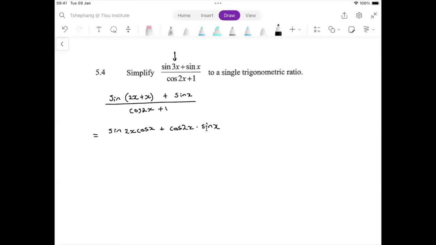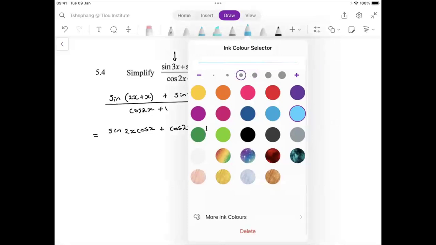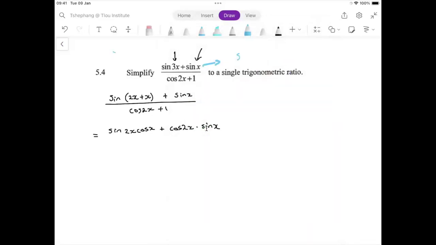Now I still have a plus sine x here at the top. I want some stuff to cancel out on top because I have a lot going on. So how about I change this sine x to become sine of 2x minus x.